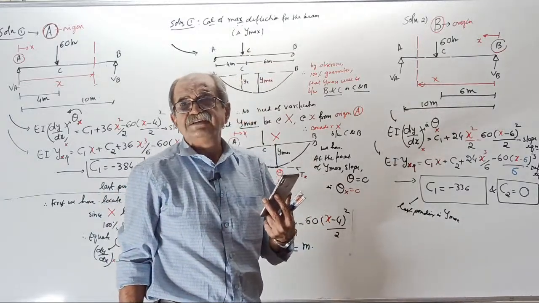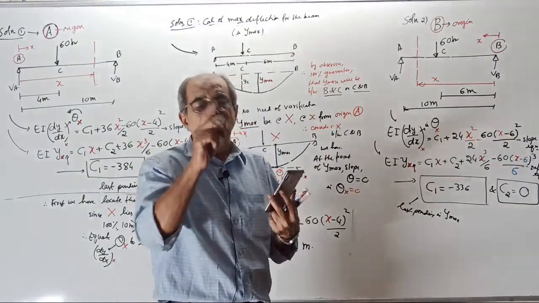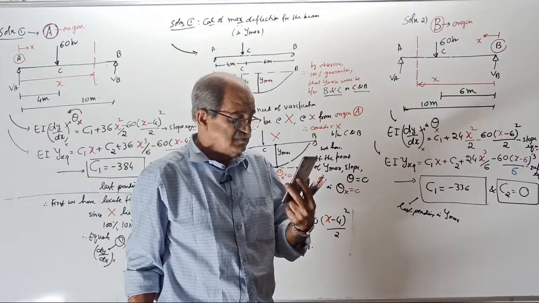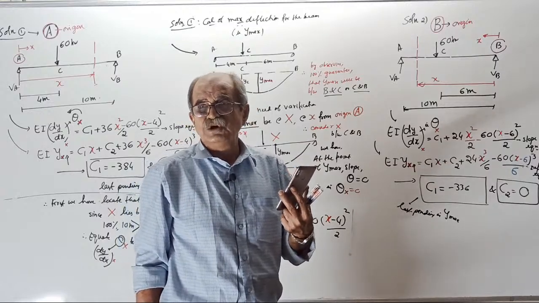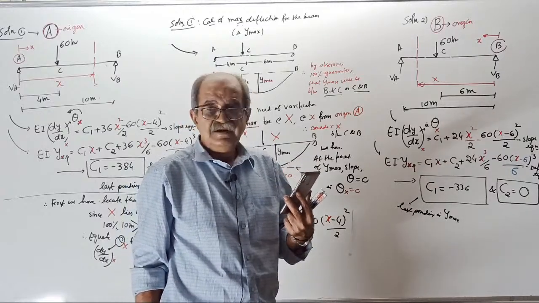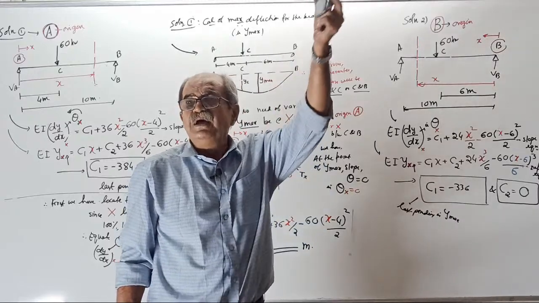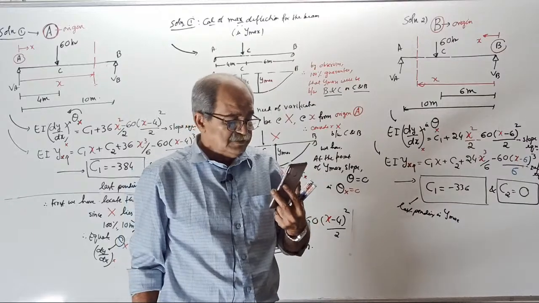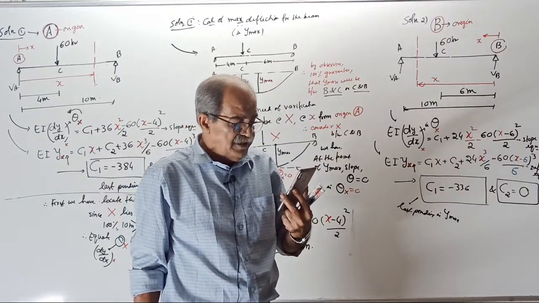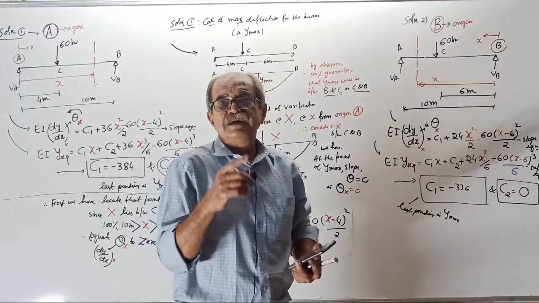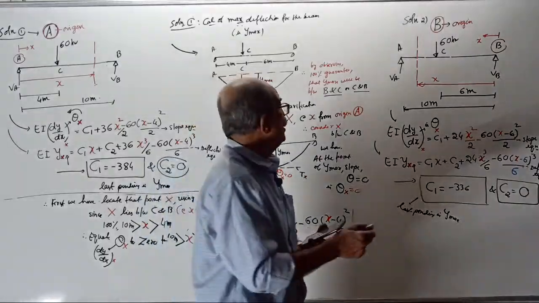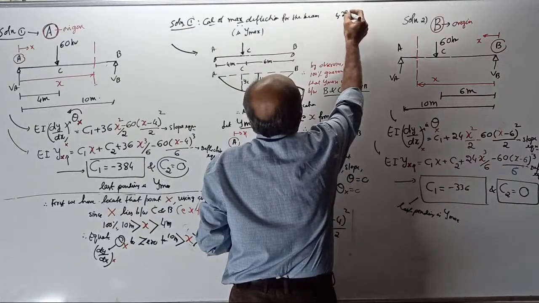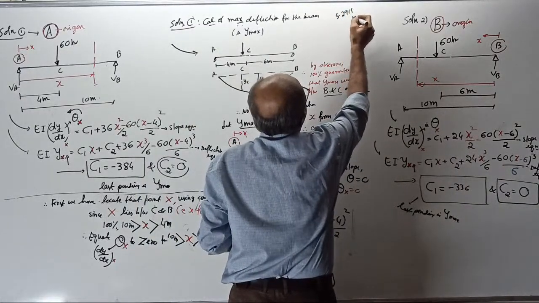6.292? One minute. Tell the full number. I wrote 4 decimal answer. I want full number, not third decimal. I wrote in the class most probably 4 decimal. Tell what number we wrote in double integration method. 5.2915 meter from B you got.